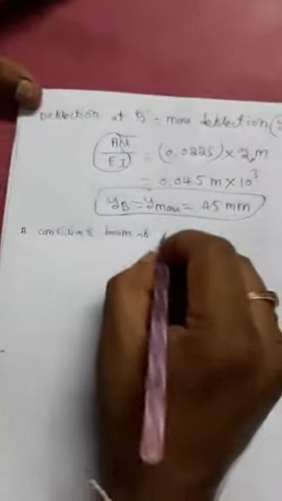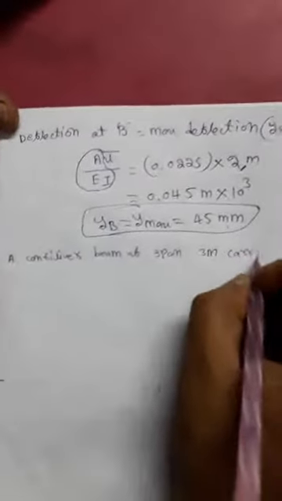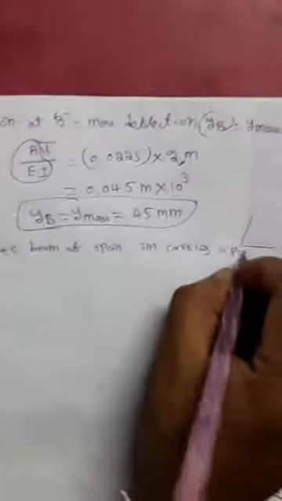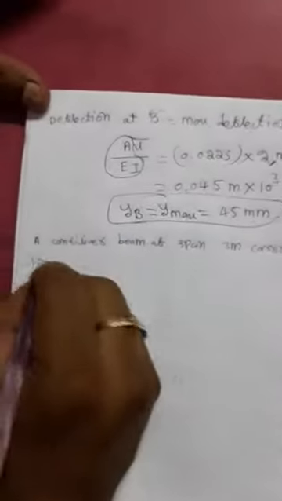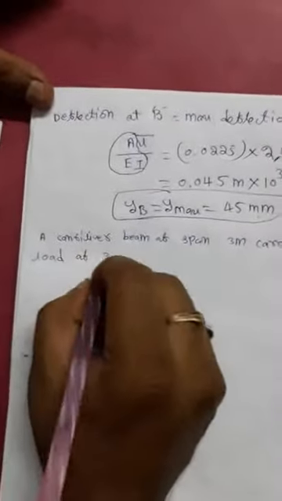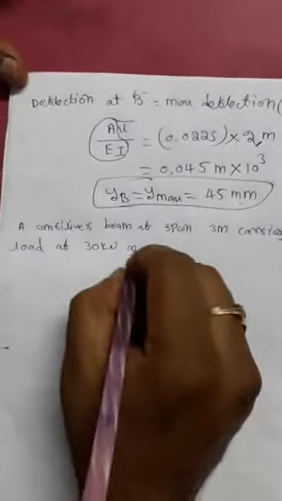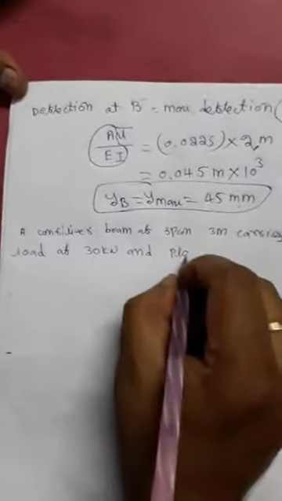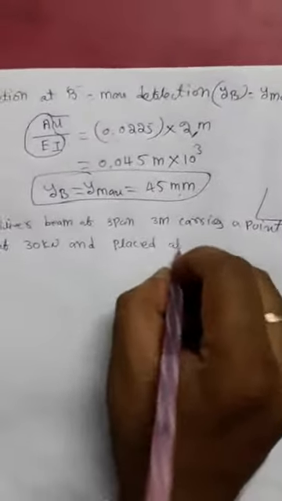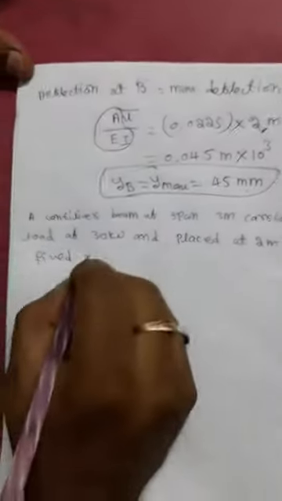So the problem is: a cantilever beam of span 3 meters carries a point load of 30 kilonewton, placed at 2 meters from the fixed end.